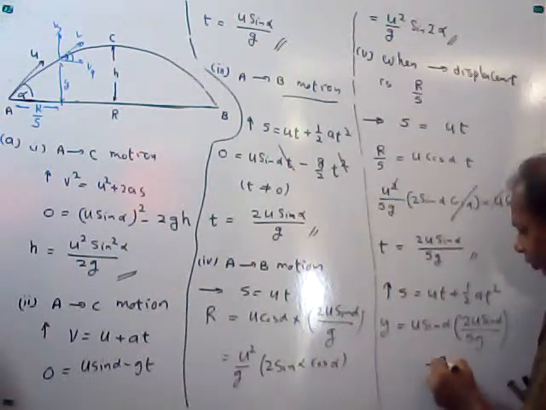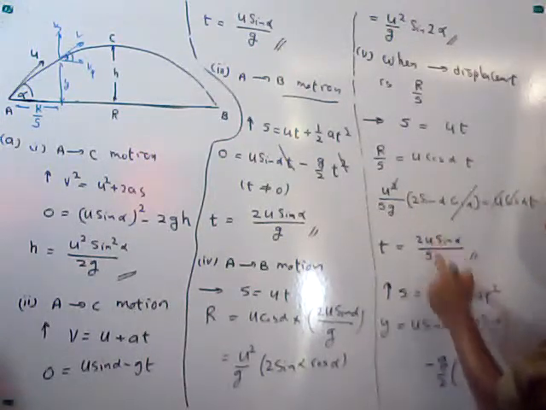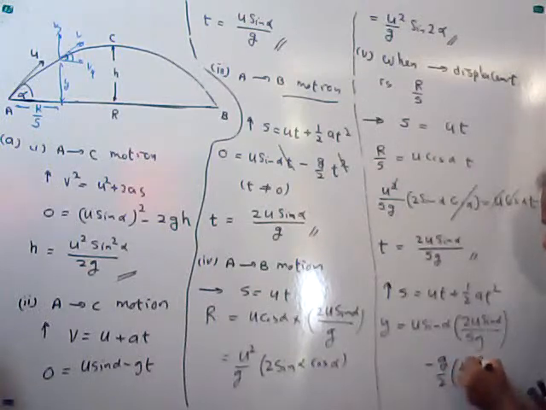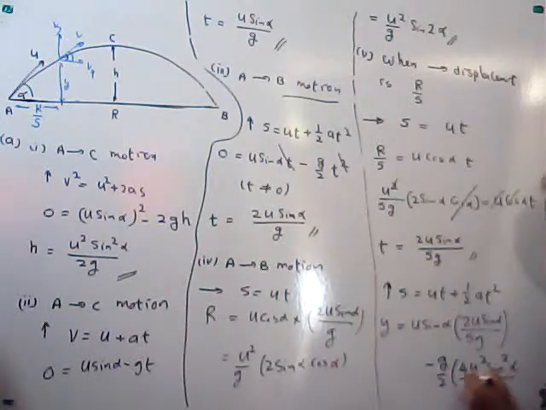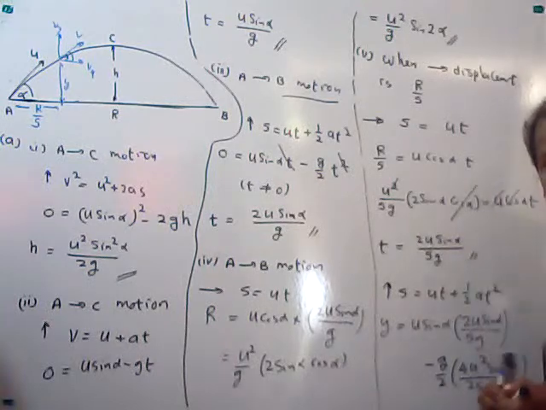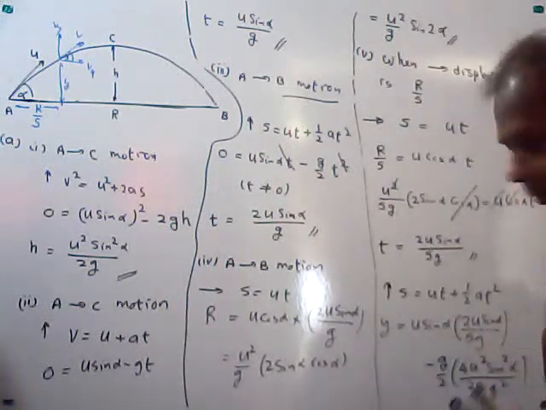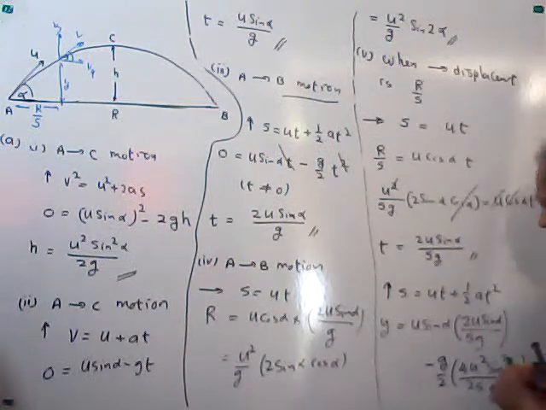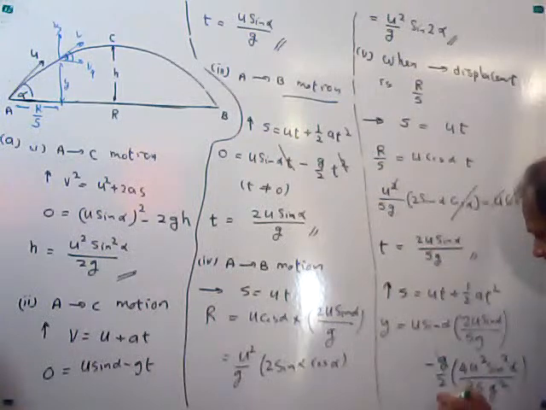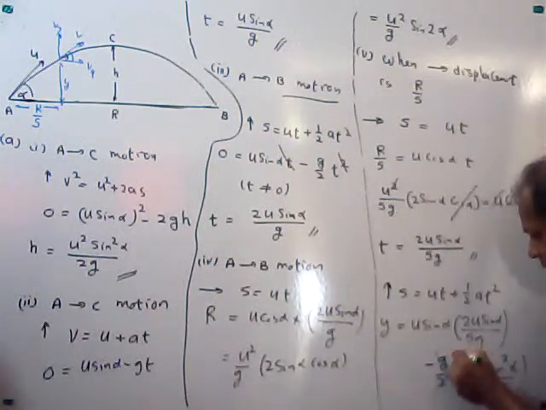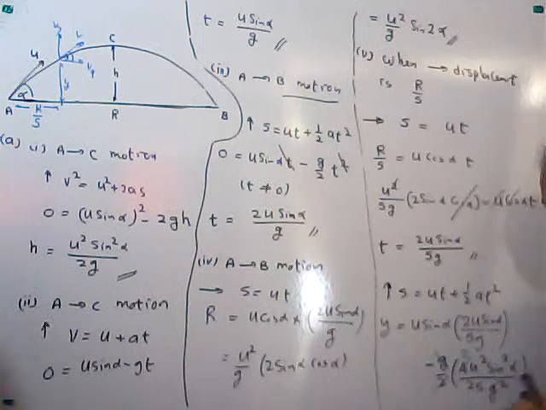Minus g over 2 t squared will be 4u squared sine squared alpha over 25 g squared. Things will get simplified. We can see that the g gets cancelled. You can simplify it a bit.